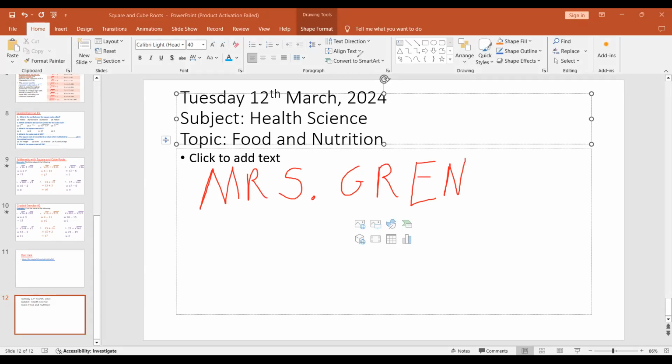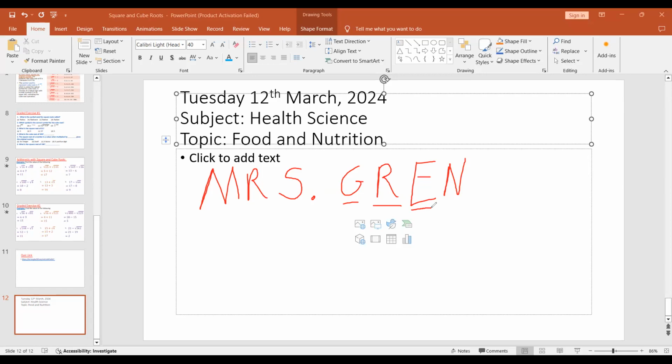Sensitivity. What does the G stand for? Growth. What does the R stand for? Respiration. What does the E stand for? Excretion. And what does the N stand for? Nutrition, right? And so that's what we're going to be looking at today, nutrition.